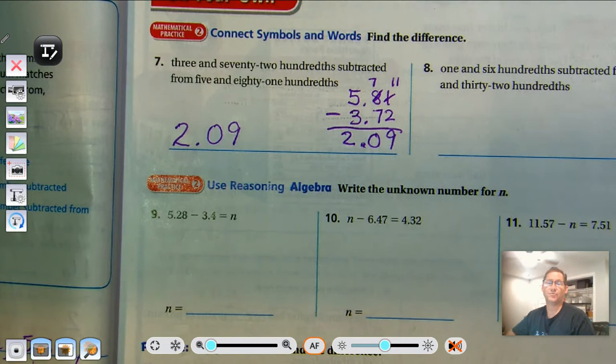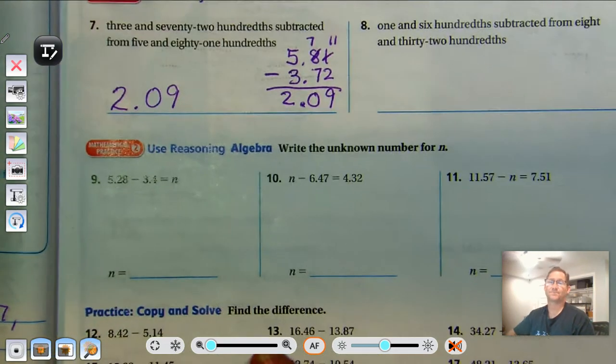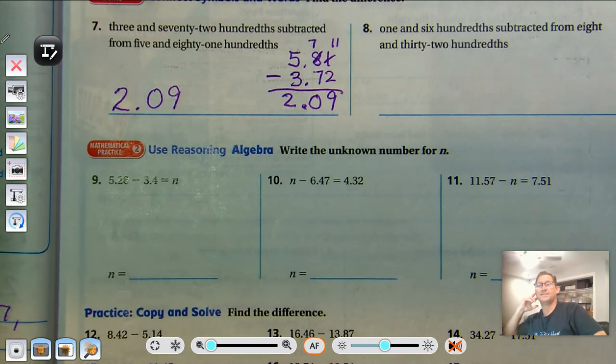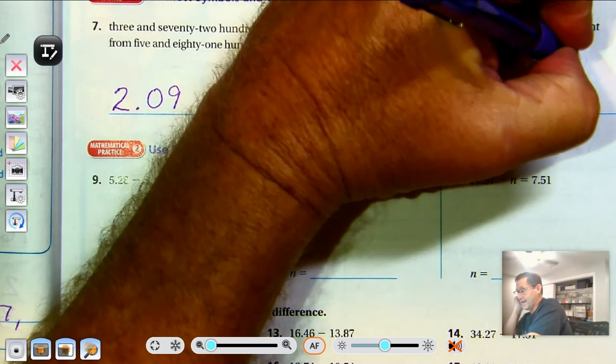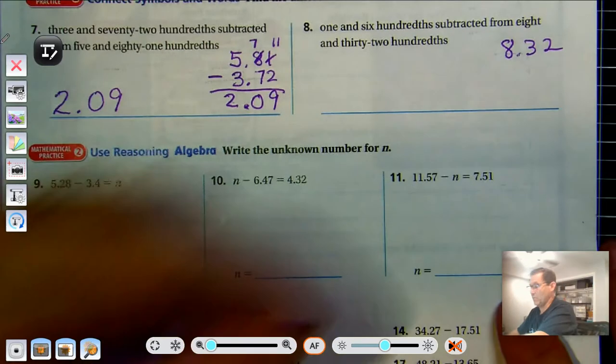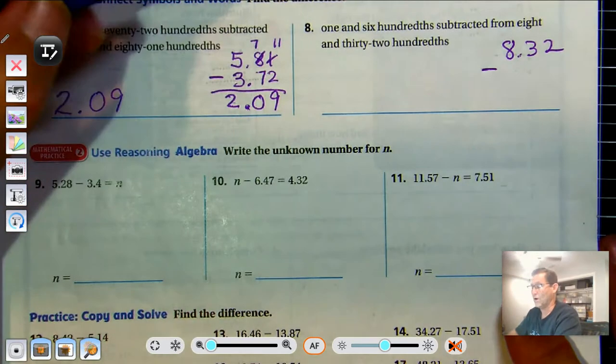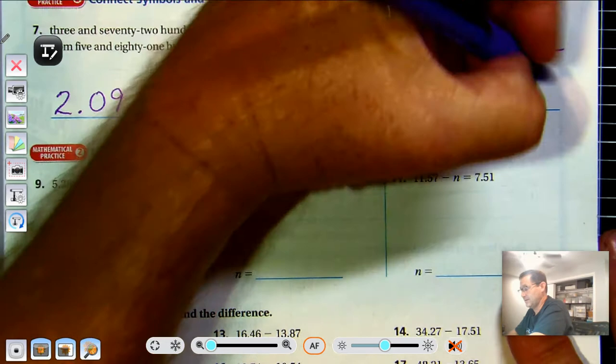So we read that as 2 and 9/100. Number 8. 1 and 6/100 subtracted from 8 and 32/100. So the number that we have is 8 and 32/100. We need to subtract 1 and 6/100.